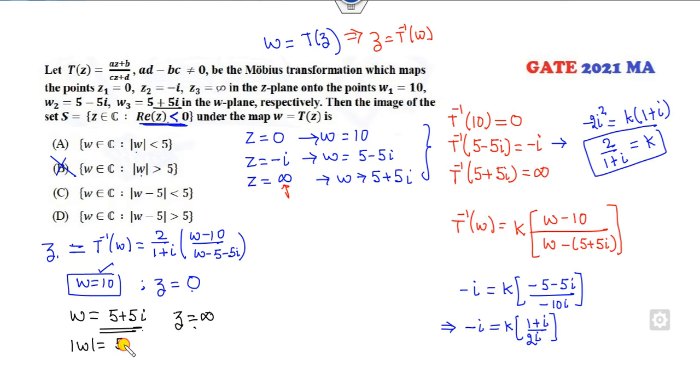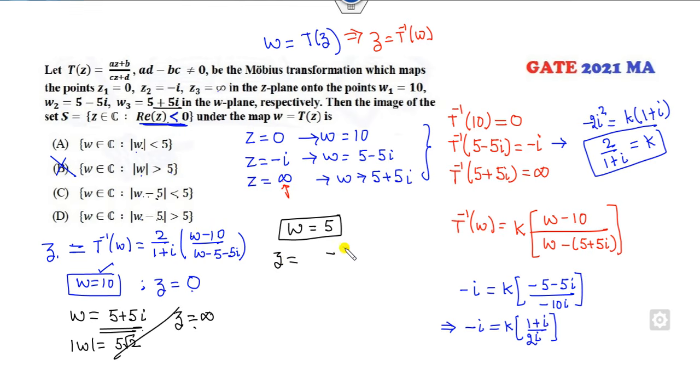It is 5 root 2, which is not satisfied. w minus 5 is 5 iota, again not satisfied. This value again is not satisfied. If I choose any value strictly 5, not satisfied. So one of the options may be discarded.